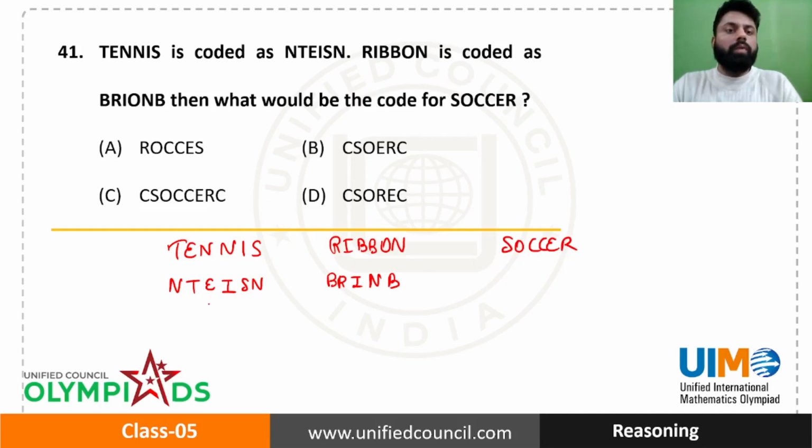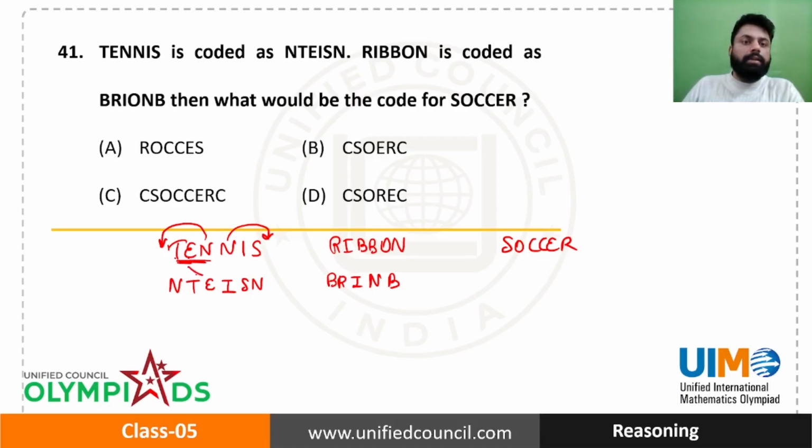Now, over here, if we try to understand this scenario, the first NTE, these two are changing. NTE, this part, the N is going here, and in this case, IS, N is going here.